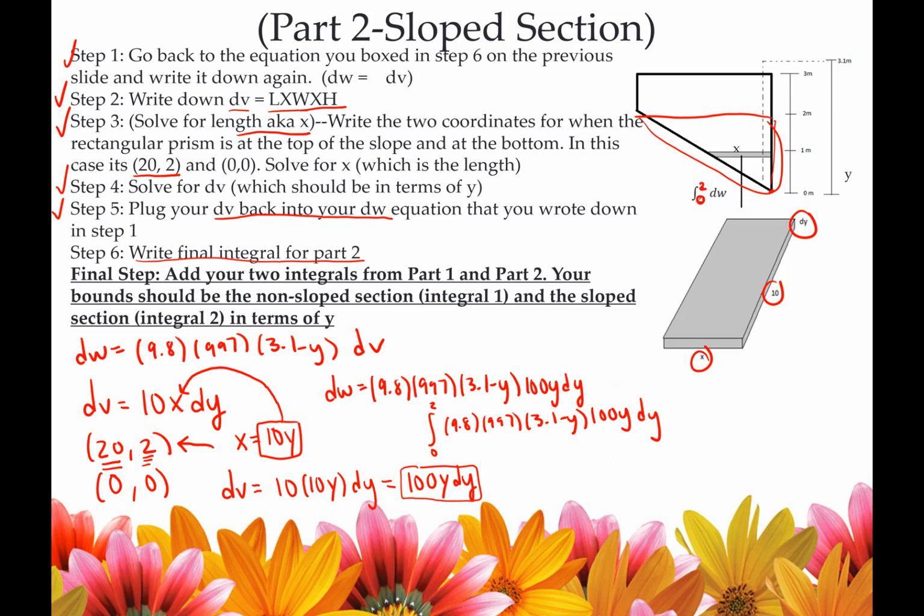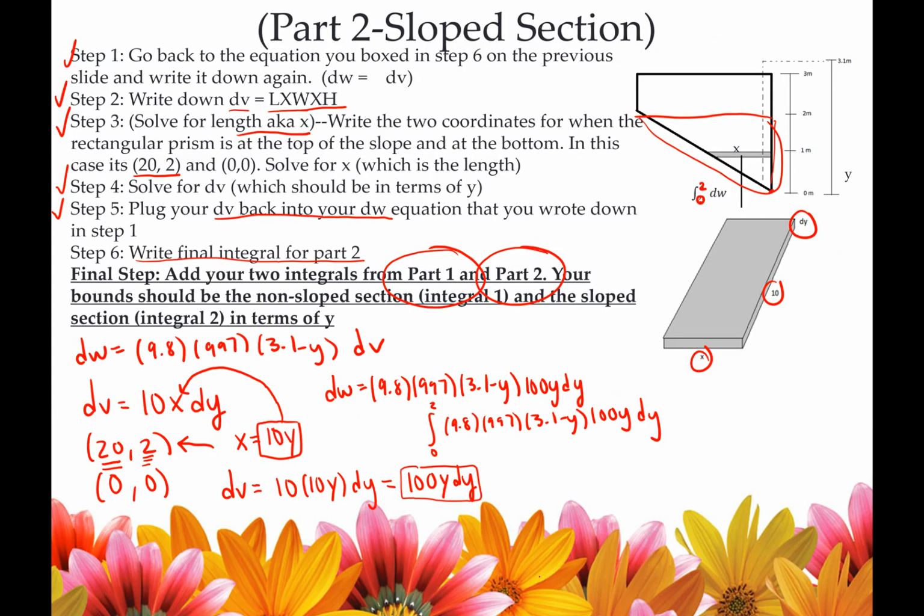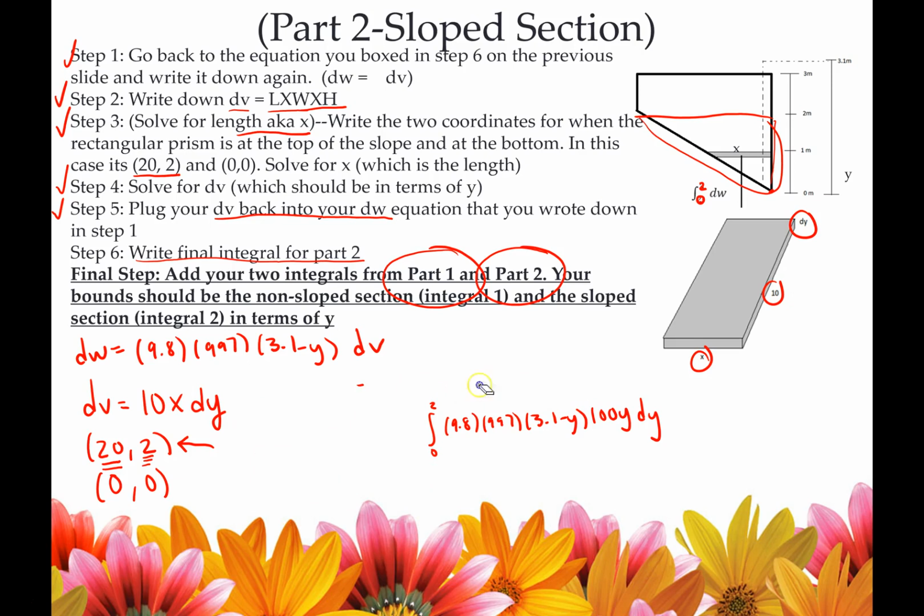And now I get to write the entire answer, combining my integrals from part 1 and part 2. I'm going to go back to that integral, which was this right here, and write my final answer for this entire problem as that previous answer plus this one right here.